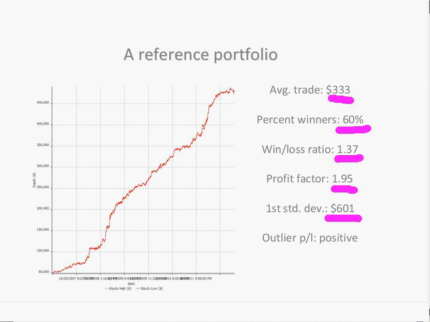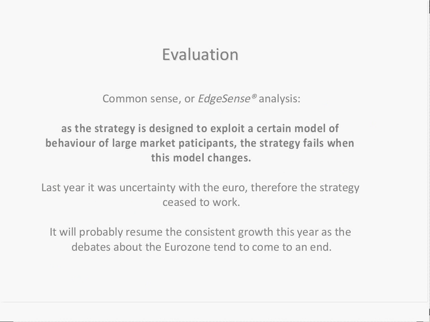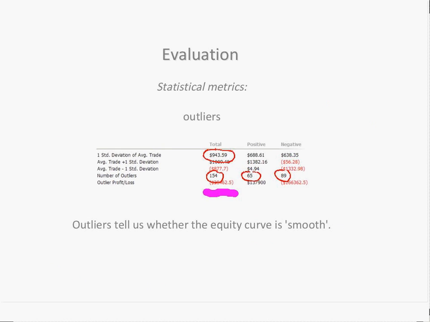Now we will quickly go back to that analysis. We remember this. We had an average trade of just $63, with a standard deviation of 900.